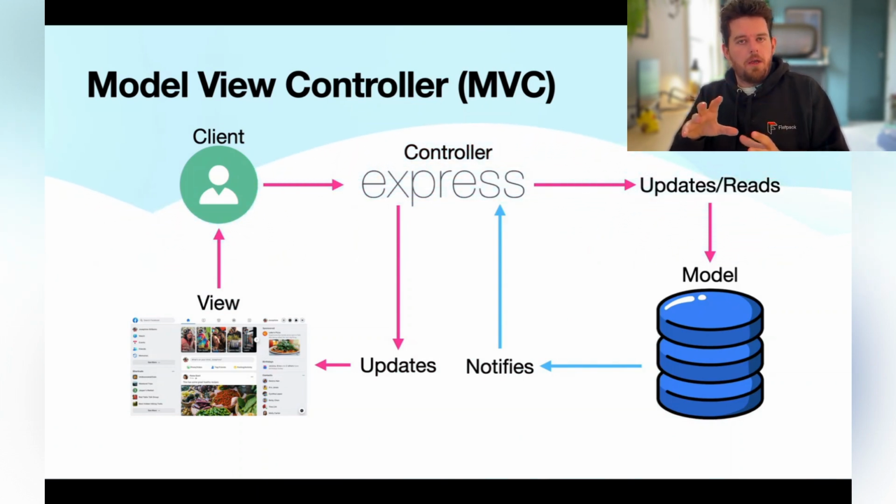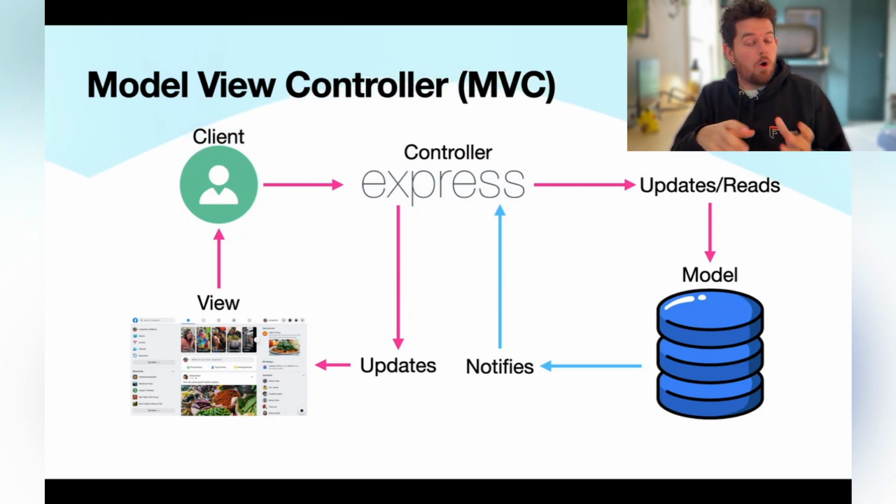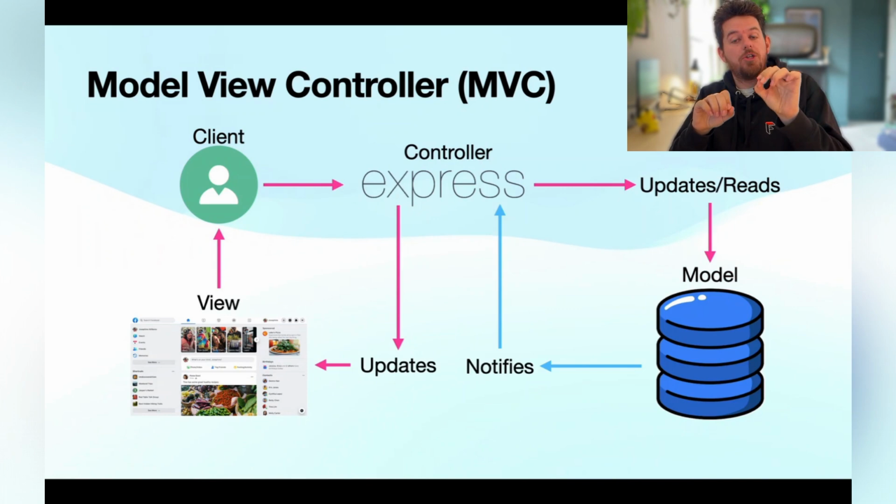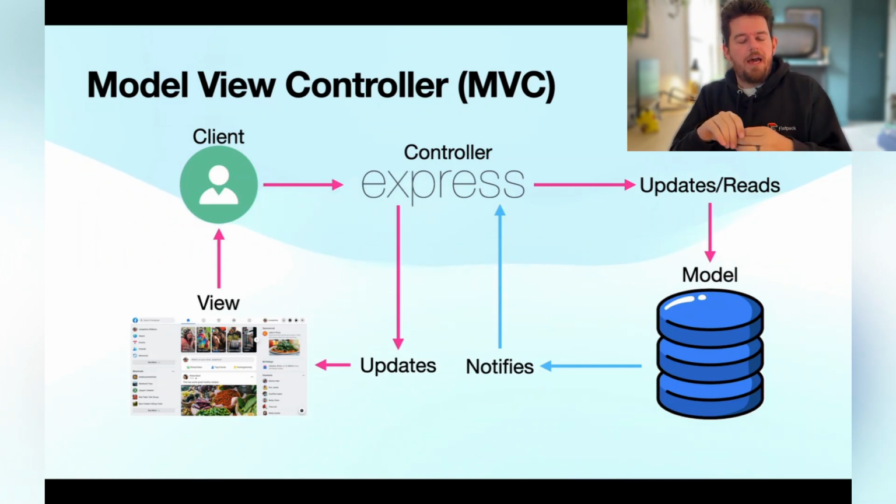The model may or may not, hence why I've put these arrows in blue, depending on what we set it to do as developers, notify our controller of an update or a read. It then sends this information back to our controller. And depending on what we program that controller to do, it will then update our view.